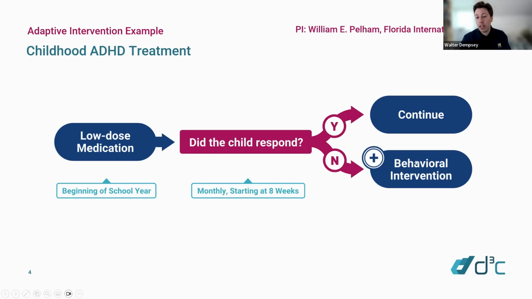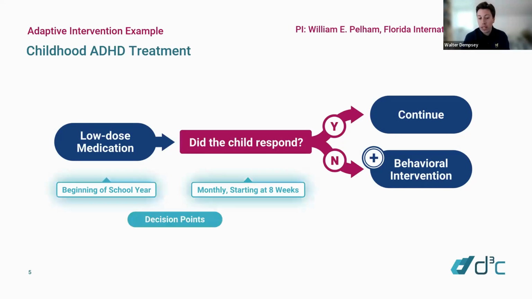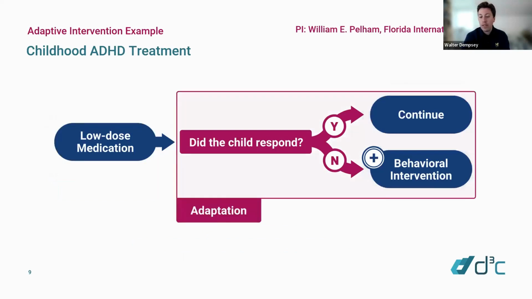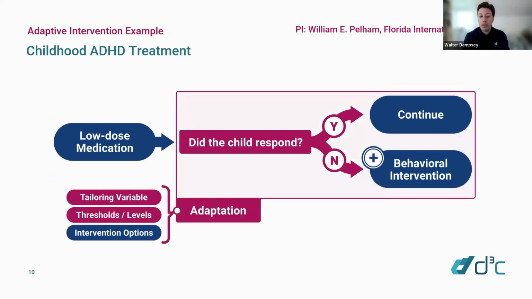And if even after that behavioral intervention we still see that they're not responding, we can increase even further and include other options like more behavioral intervention or an increased dose of the medication. There's definitely flexibility within the framework to handle that.